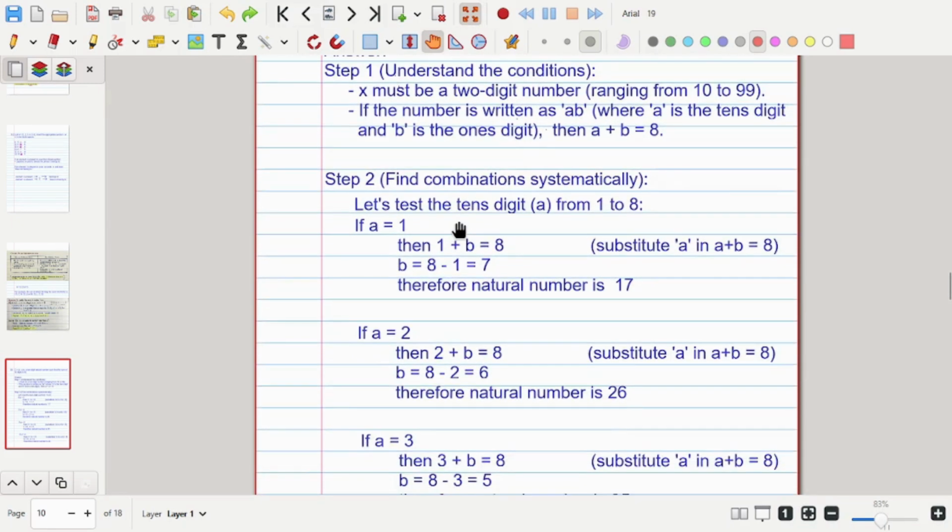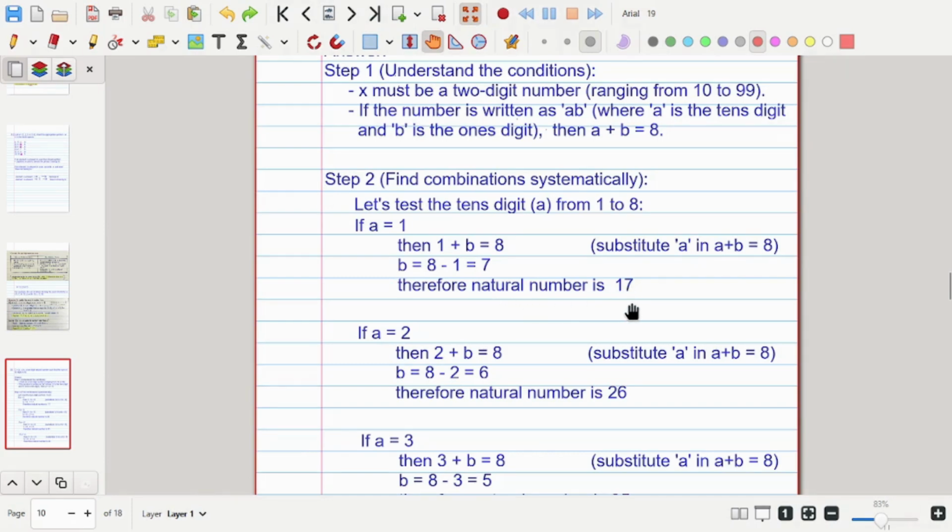So let's find it systematically. Let's test the tens digit A. Assume A is equal to 1 and substitute in A plus B is equal to 8, then 1 plus B is equal to 8, so B becomes 8 minus 1, which is 7. So A is 1 and B is 7.